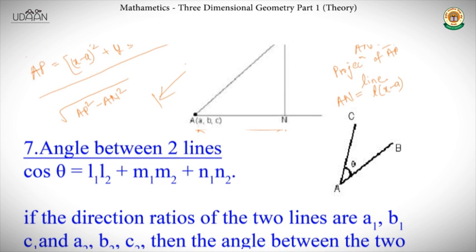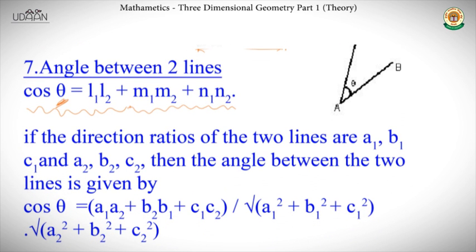So next we have the angle between two lines. If theta is the angle between two lines, then cos theta is given by L1 L2 plus M1 M2 plus N1 N2, where L1, M1, N1 and L2, M2, N2 are the direction cosines of the two lines.